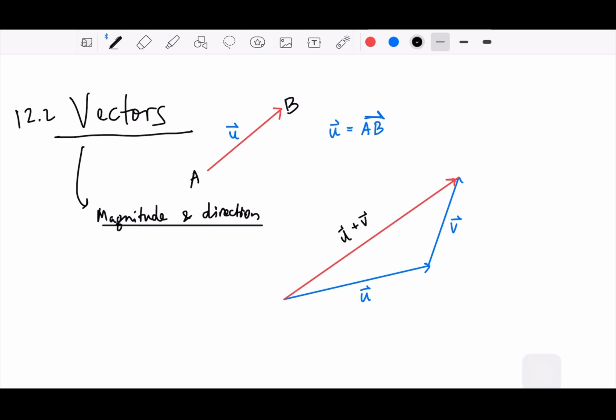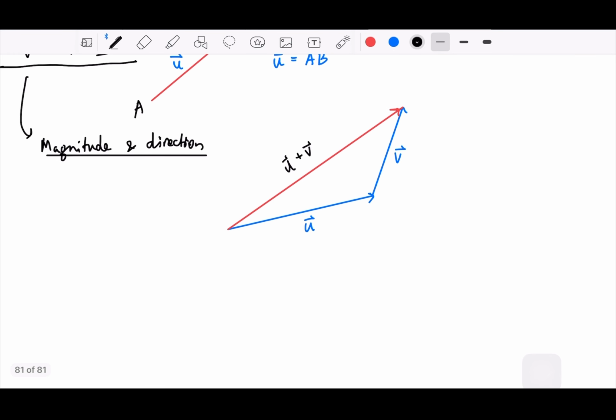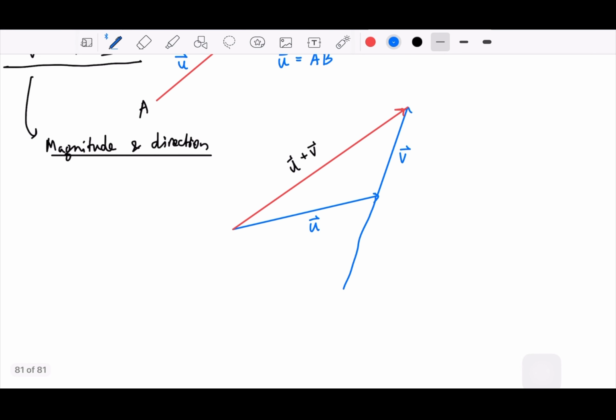And if you take the minus, which means the opposite sign, then if we take u minus v, we can take v in this direction, and this will be the minus v. So we can also write it down and make sure it has the direction here.